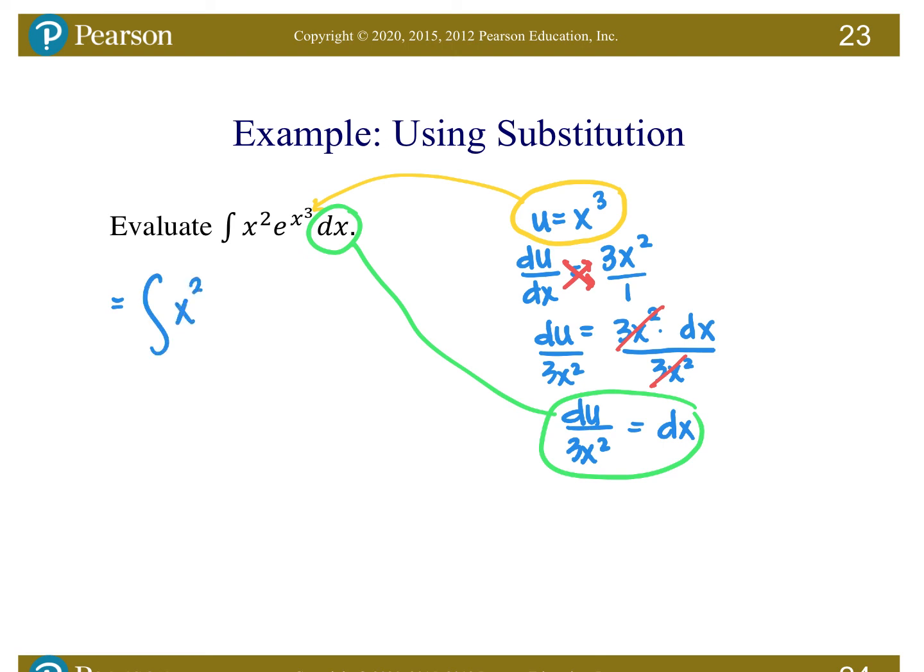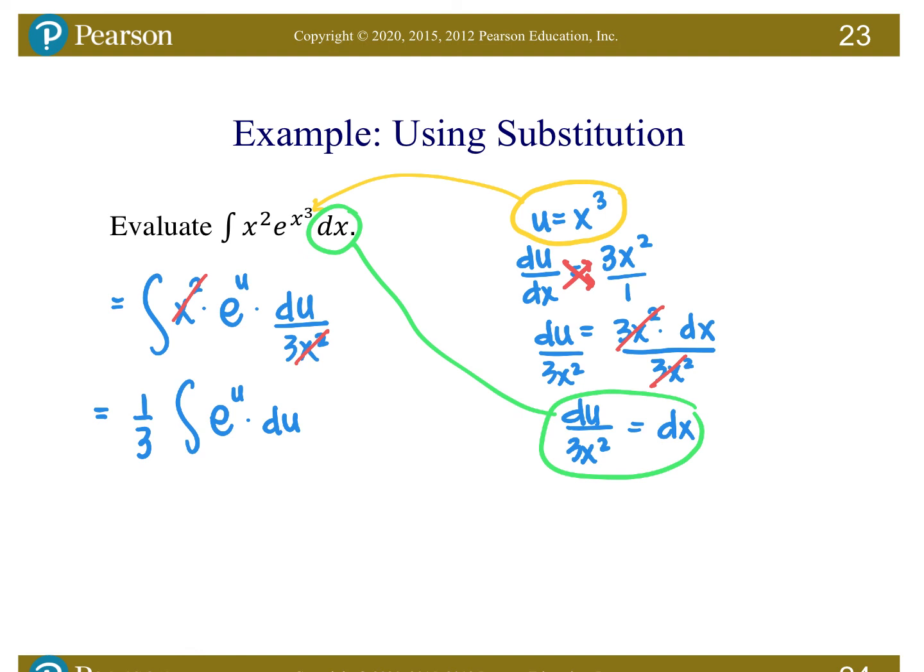So x squared times e to the replaced u, and then dx would be du over 3x squared. So now you can see that the x squareds will reduce. And the only thing I can do with the 3 is pull it out to the front, but it's in the denominator, so that would get pulled out as a 1/3. And I'm left with e to the u du.